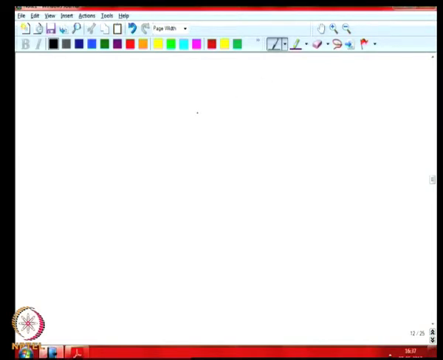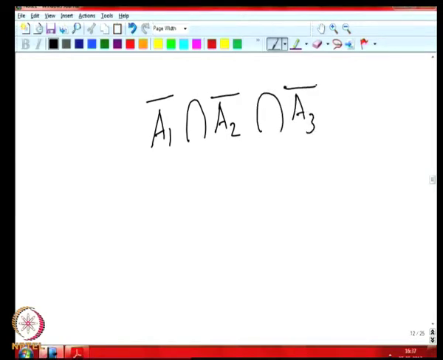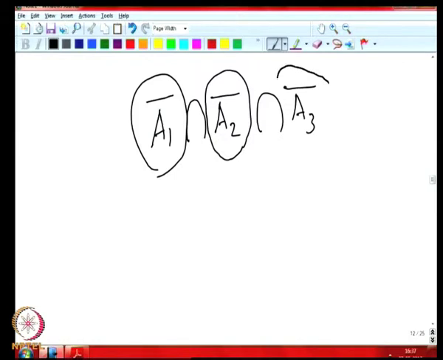We are interested in A1 complement intersection A2 complement intersection A3 complement. That means the numbers which are not divisible by 5, the numbers which are not divisible by 6, and the numbers which are not divisible by 8.